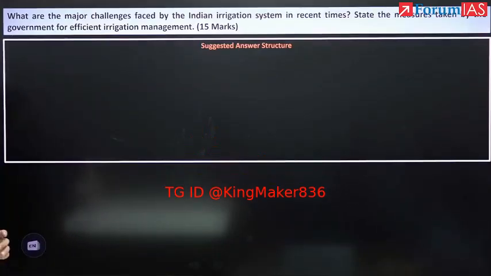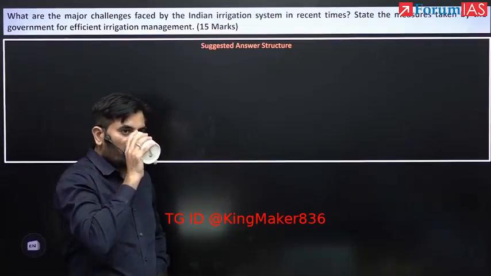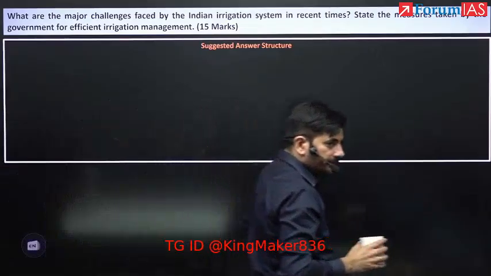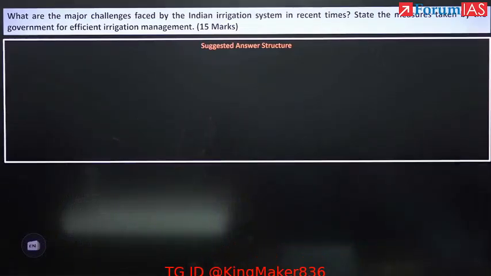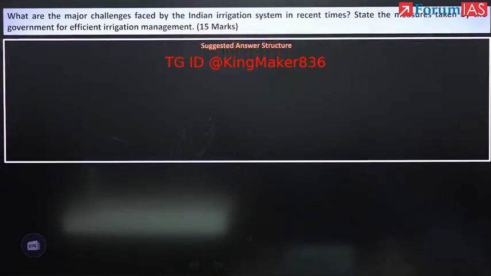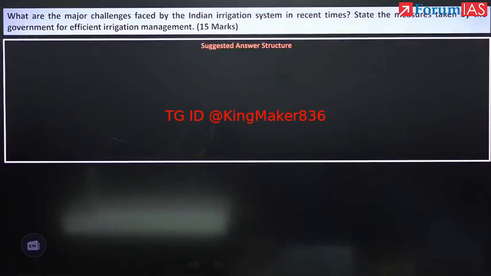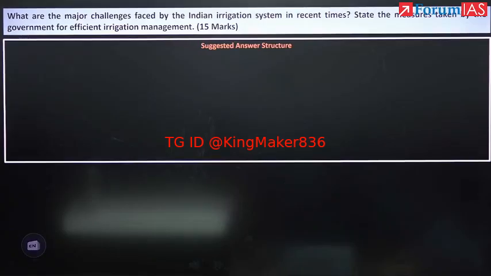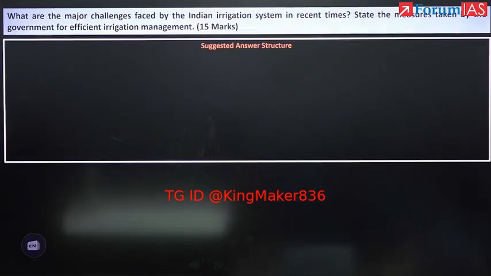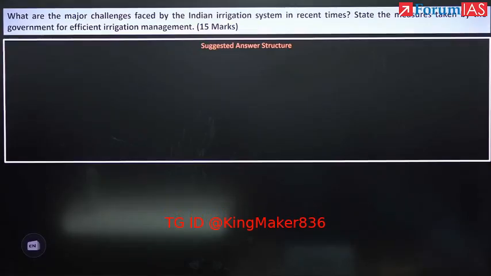Write the question and then the answer structure and show it to me if you're ready. Also think of the value addition points in terms of B, double C, D, E, F. Value addition.